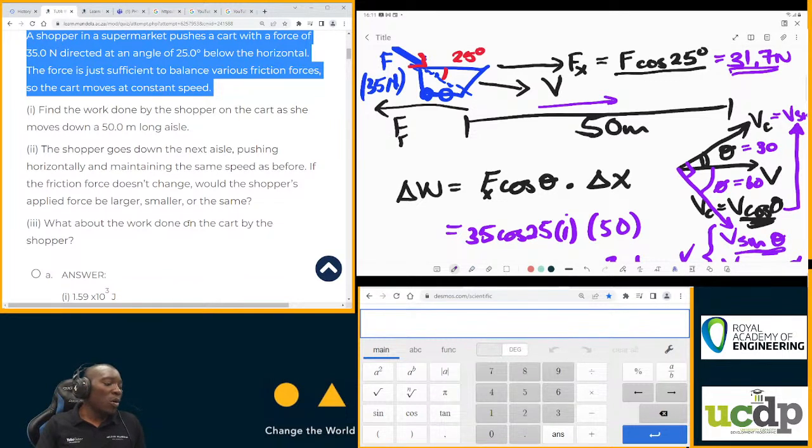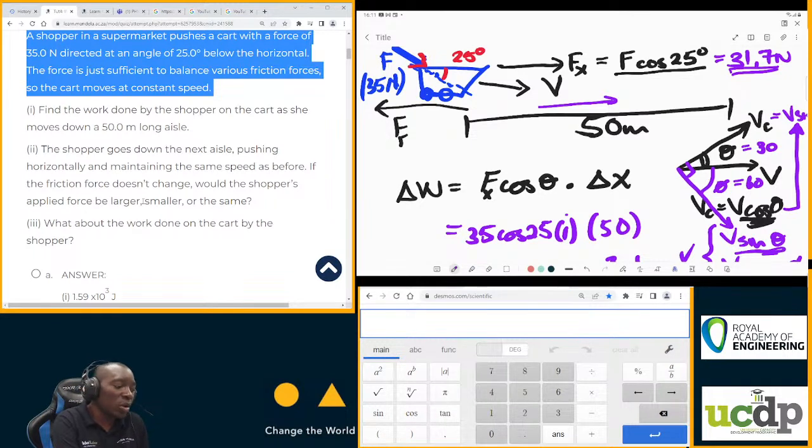Does it say explain? It doesn't, right? But the reason for this is because when the force is applied as in the first case, that force has a component downward which adds to the reaction force. So the weight of the trolley plus the component of the force downwards would mean a greater reaction force.